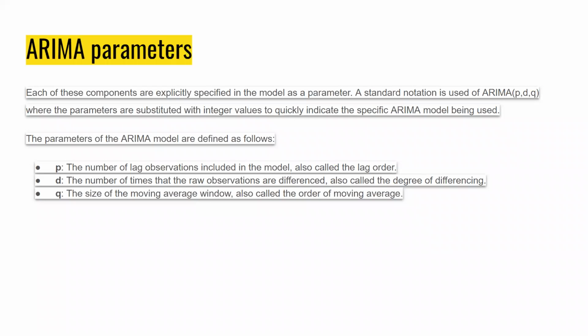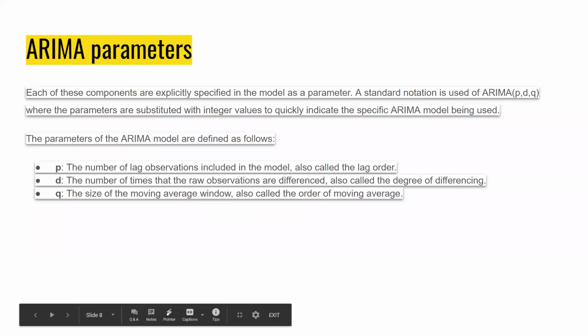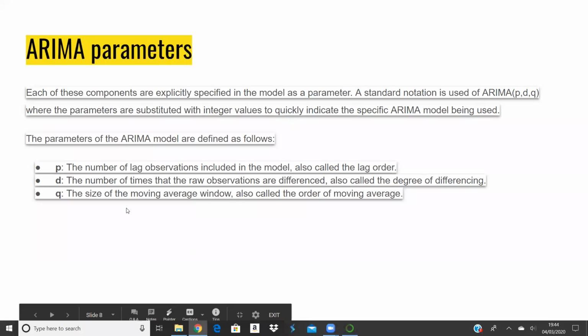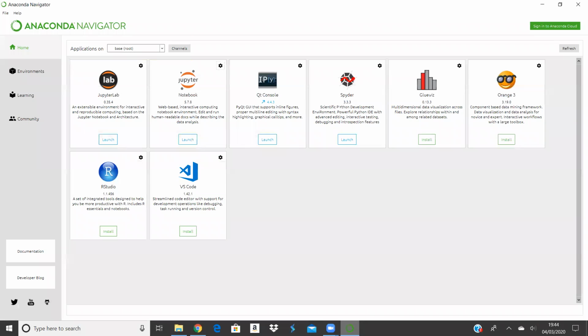That means we are taking all five observations into account. Yes, 5, 1, 0 is our model here.